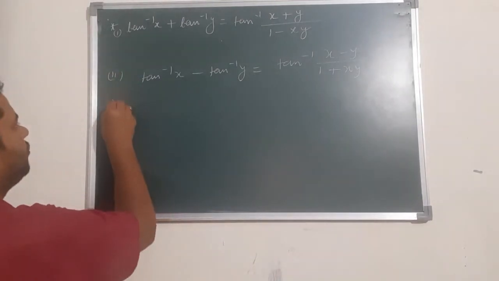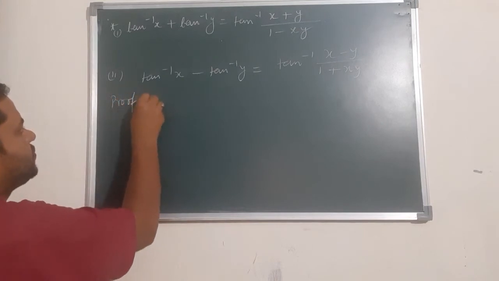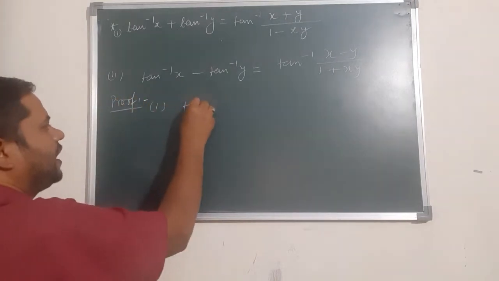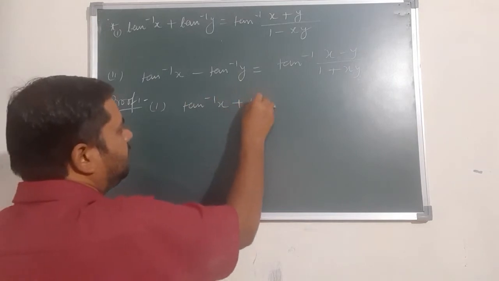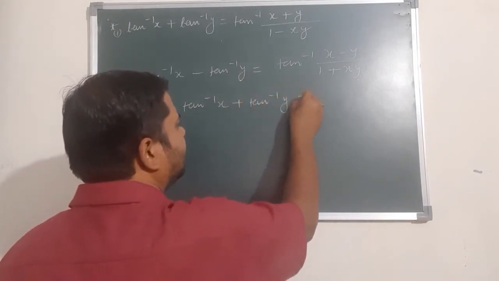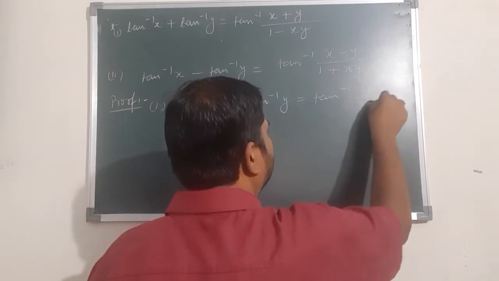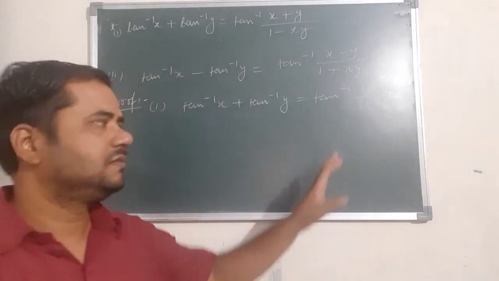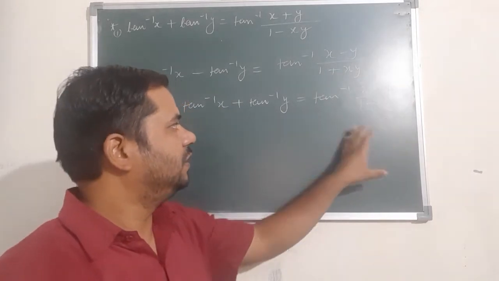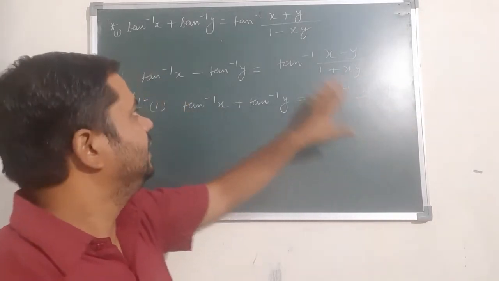Okay, so proof of the first one: tan inverse x plus tan inverse y is equal to tan inverse of x plus y upon 1 minus xy. If you are confused, please see the first one only.